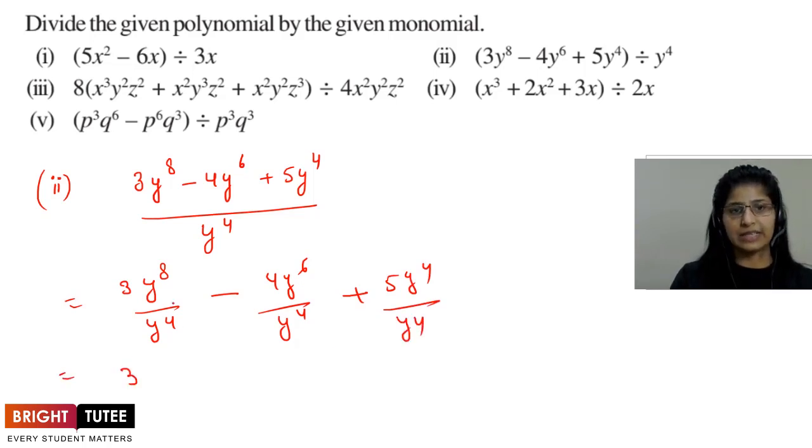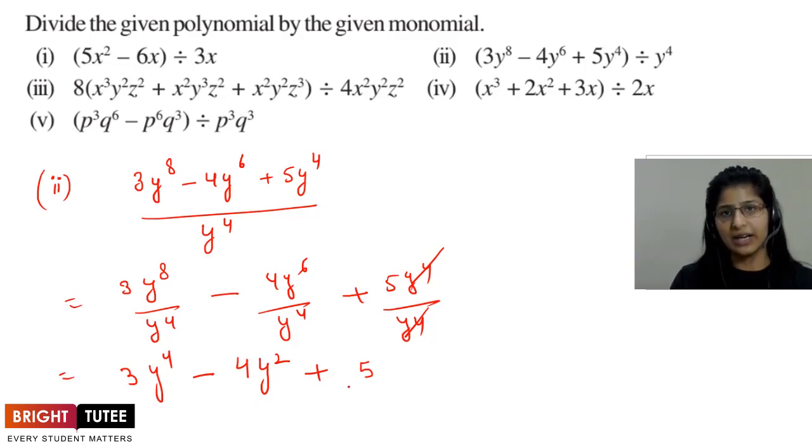So 3 as it is. Y to the power 8 upon y to the power 4 gives us y to the power 4. Minus 4 as it is. Y to the power 6 upon y to the power 4 gives us y square. Plus 5, y to the power 4 and 4 getting cancelled. So we are just left with 3y to the power 4 minus 4y square plus 5. So this is going to be our answer.